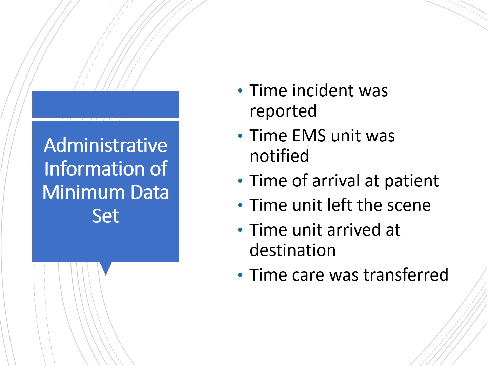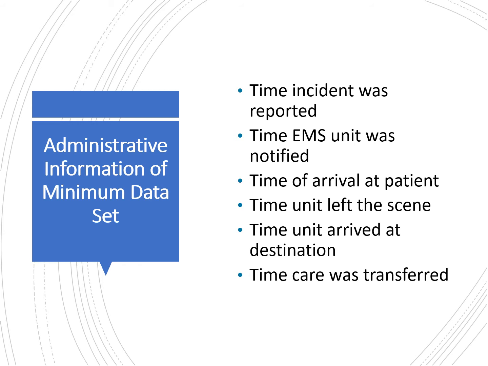Now this may seem like a lot, but guys, this really does get used for quality improvement. One of the things that they look at too, when I worked on an ambulance for a while, is response times. From when we were dispatched to a call to when we arrived on scene, and then ultimately at the patient side, you have ambulance companies that are contracted with cities to meet certain response times.